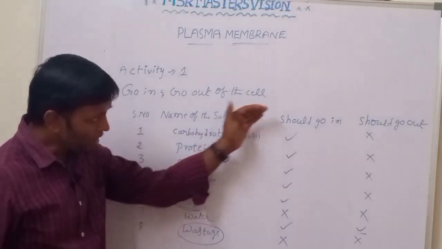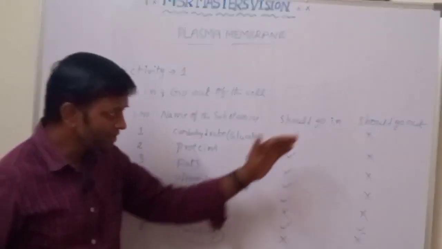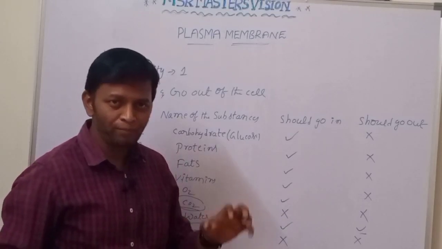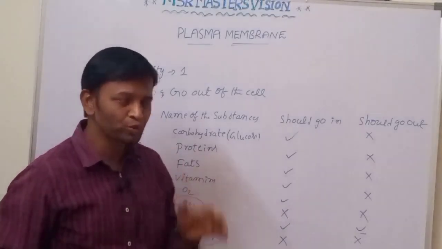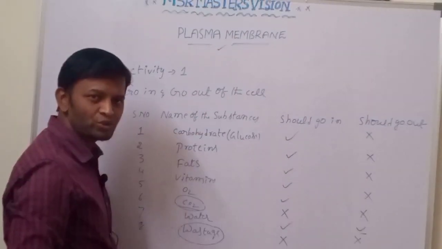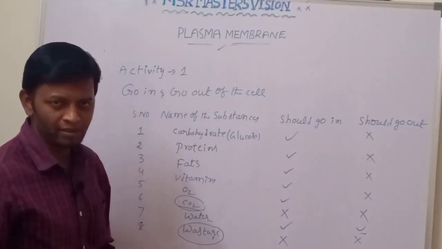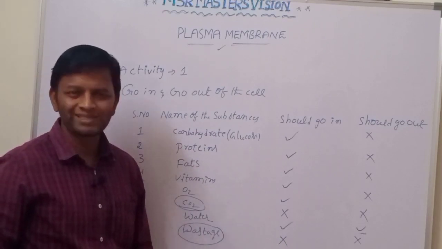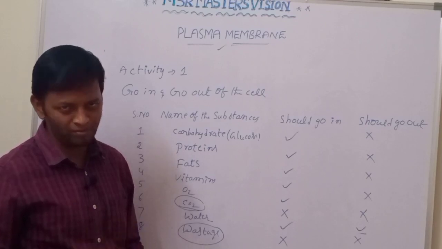For allowing inside the cell and for exit outside the cell, compulsory these substances pass through the plasma membrane. So in this lesson we'll discuss the functions of plasma membrane.